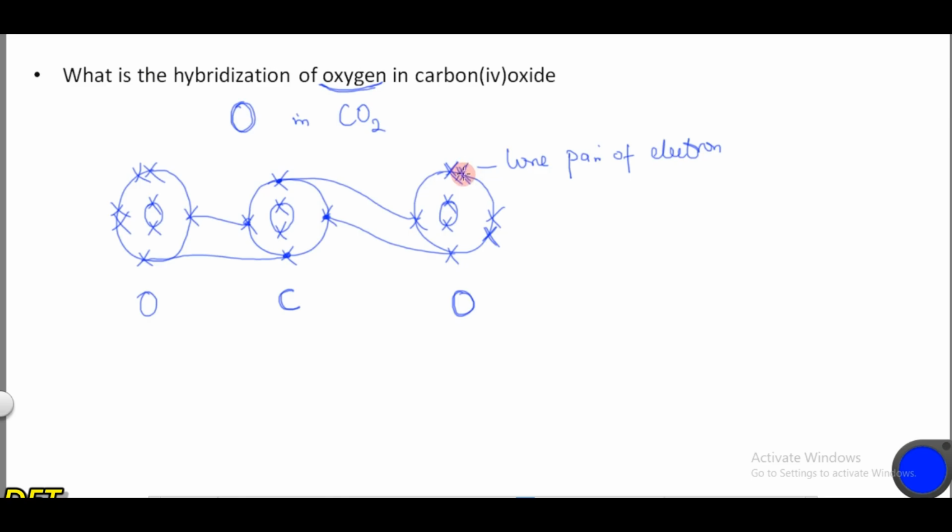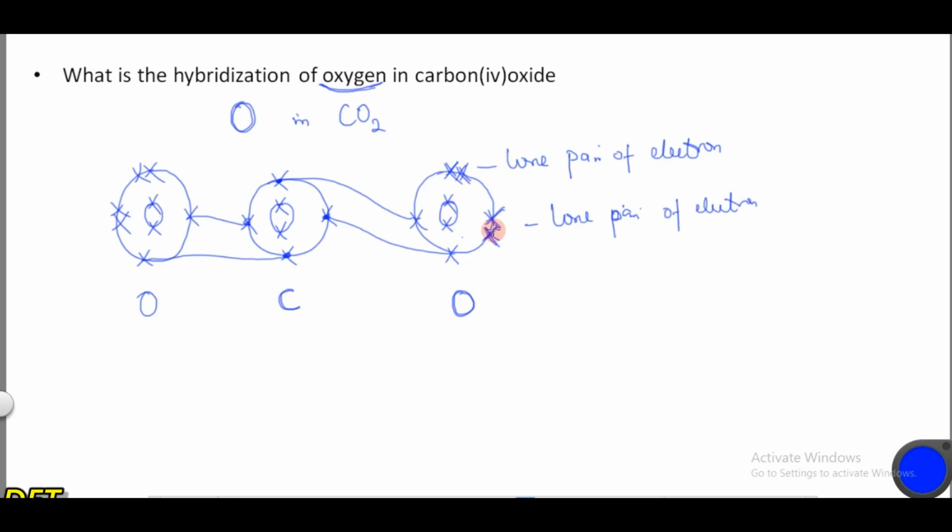So this is a lone pair of electrons. We have a pair of electrons that is alone. This is another lone pair of electrons. It does not bind with another atom. So this is another lone pair of electrons.